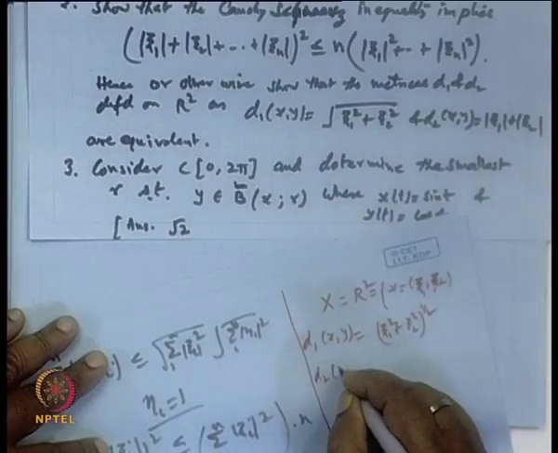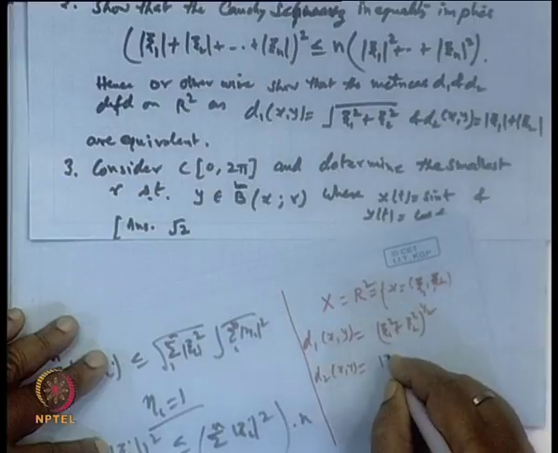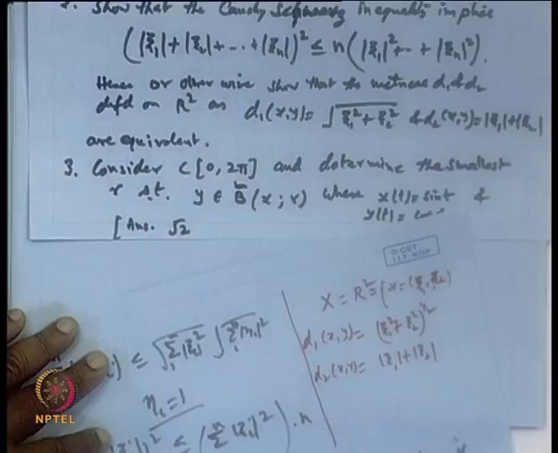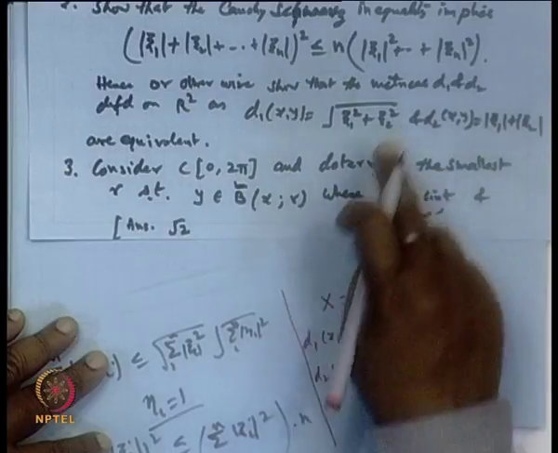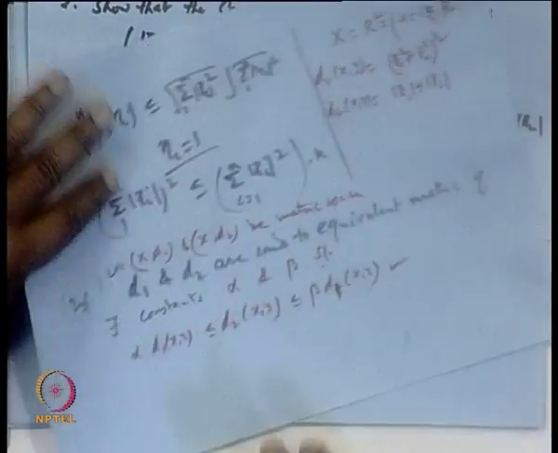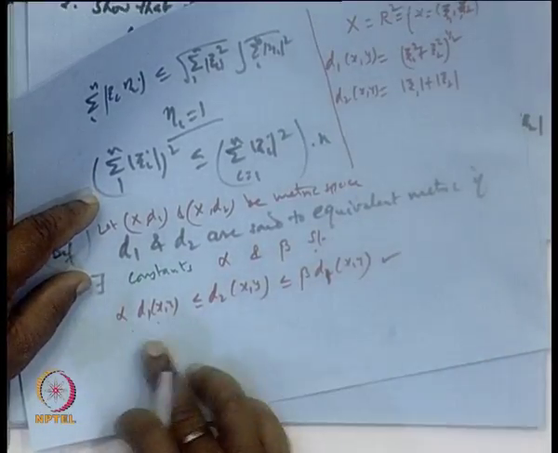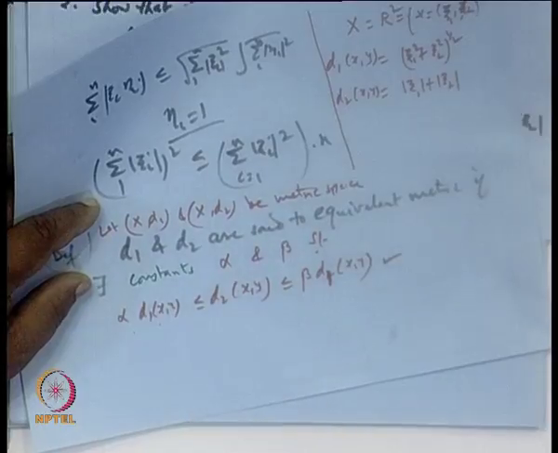Another metric is defined as mod xi1 plus mod xi2. What he says is these two metrics will be equivalent metrics. It means, if we are able to find alpha and beta where d1 and d2 satisfy this condition, then our problem is solved.